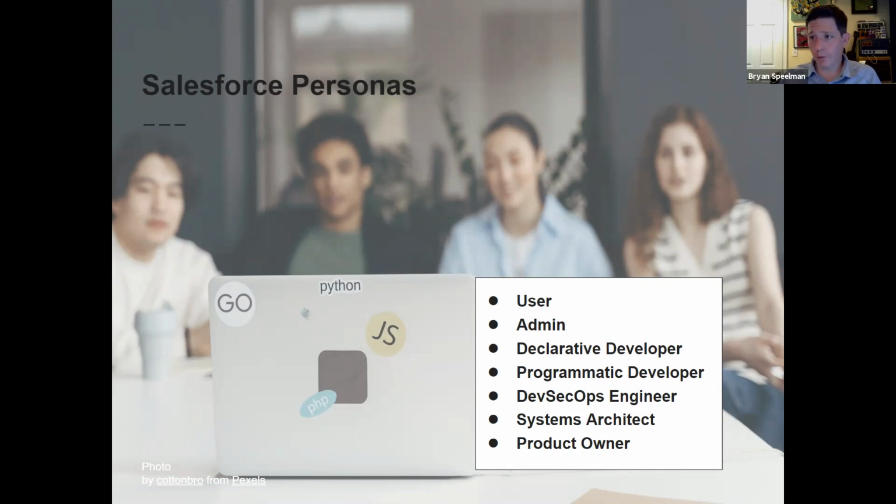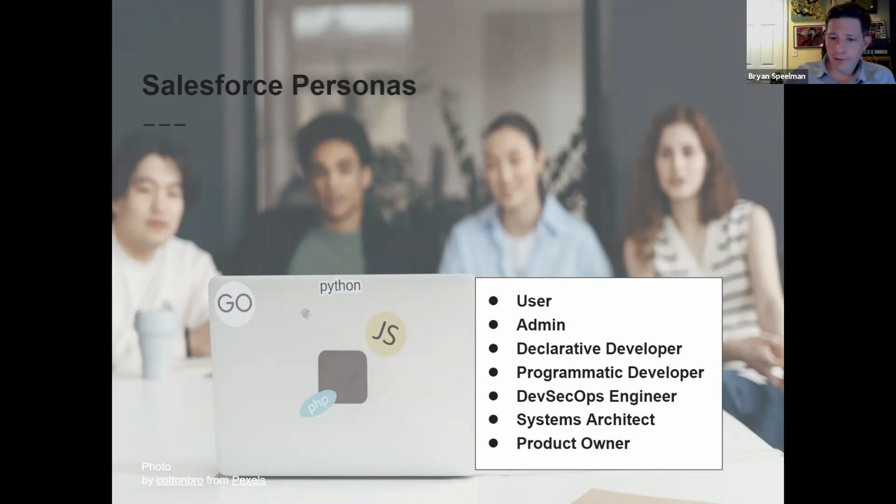Because you do not control the database or any of the API, there are some restrictions like governor limits, for example, and it really enforces best practices. For example, you can't put a SQL query in a loop. Salesforce will yell at you. So it enforces some of those best practices that some programmatic developers can get lazy with.